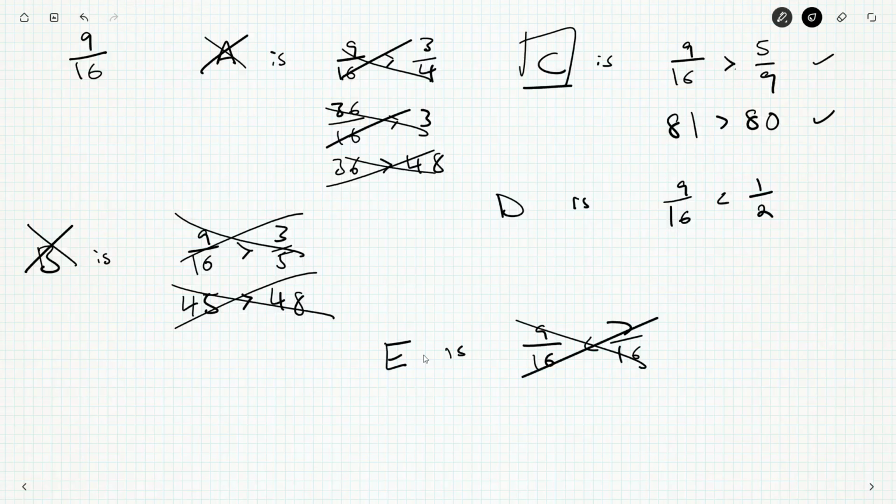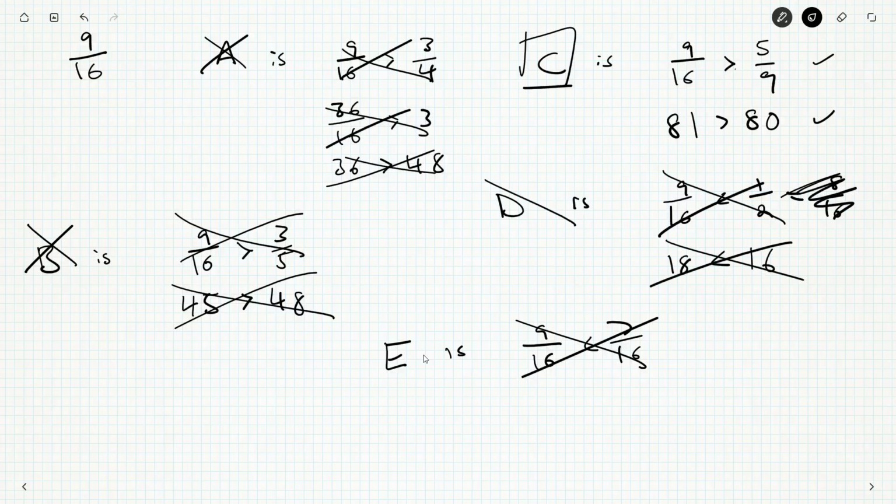For 9/16 and 1/2, we could either turn the 1/2 into 8/16 and compare like we did with E because we've got a common denominator, or we could keep doing our cross-multiplying thing. 2 times 9 is 18. Less than 1 times 16, 16. 18 isn't less than 16. So that's wrong, which means that was wrong. And that's why D and E are wrong, and C is going to be our answer.